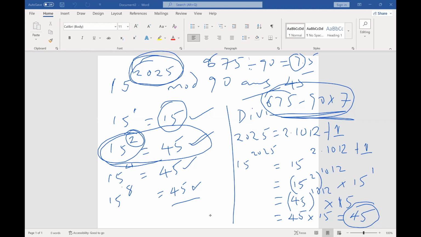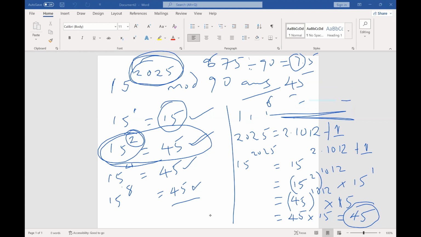Let's now go the long way. Supposing you did not see this shortcut, because you may fail to see the shortcut. If you fail to see the shortcut, then you just continue squaring. Is that okay? But we've already realized that when you continue squaring, whatever we'll be getting is 45.